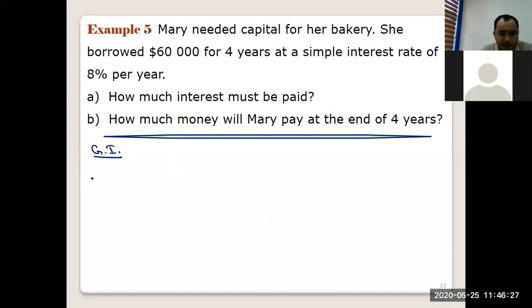So the capital, the principal, is $60,000 that she borrowed from the bank. For how many years? Time is 4 years. Simple interest. What is the rate? Rate is 8%, which is 0.08.